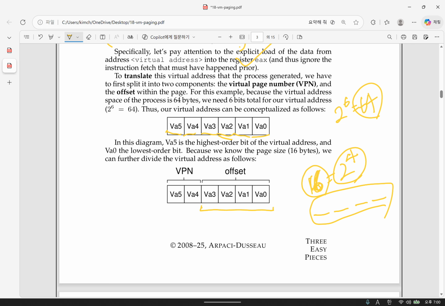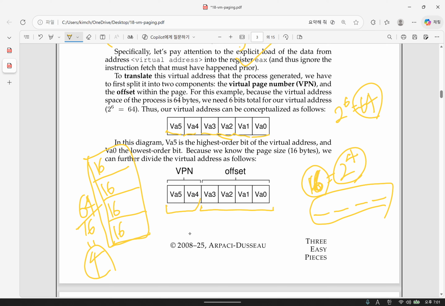And then the page itself. There are going to be 64 addresses, divided into 16, 16, 16, 16, right? Because 64 divided by 16 is 4. And 4 pages can be shown by 2 digits, right?